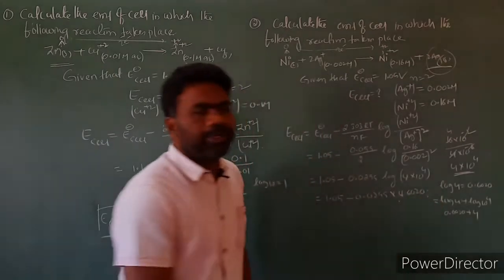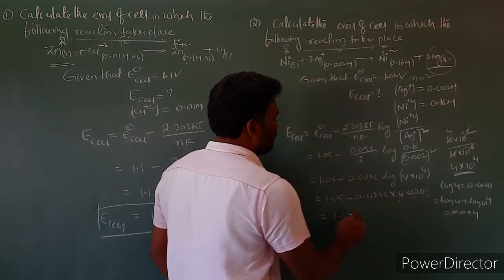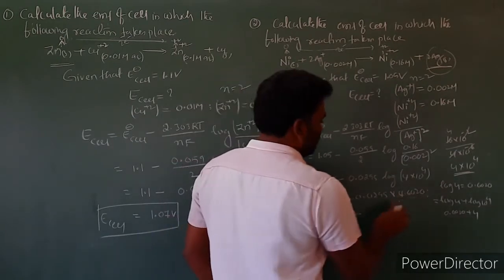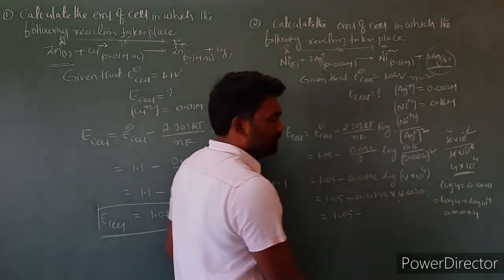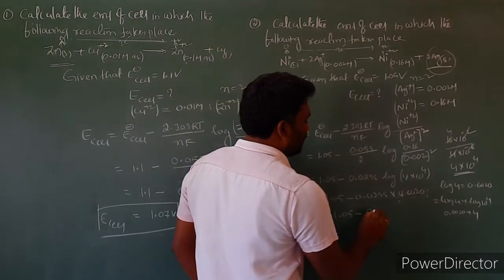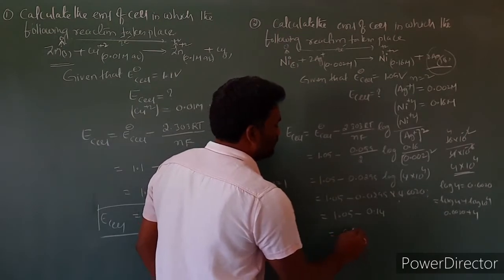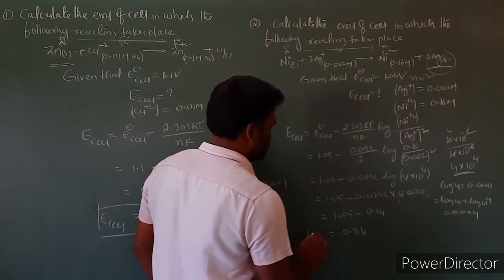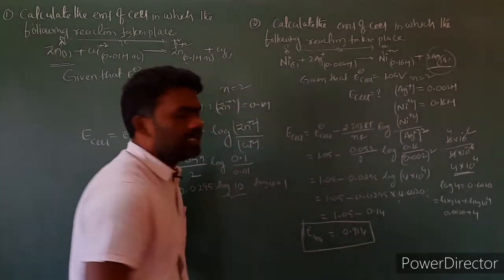Upon simplification, 1.05 minus 0.0295 into 4.6020, we get 0.14. From this we get 0.91 volts. So E cell is equal to 0.91 volts.